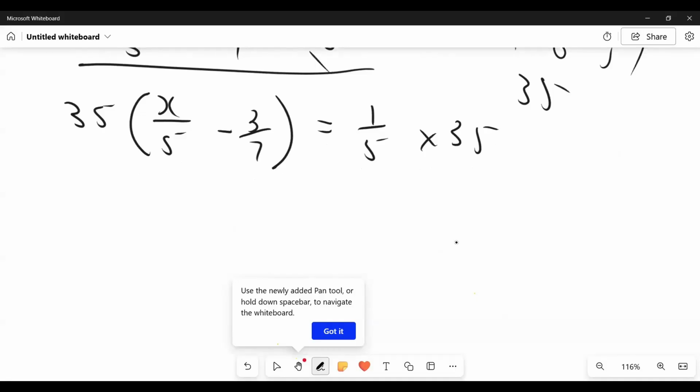We'll get what? 7x minus 15 equal to, what's that, 7? And then we know to solve something like this, right? I wouldn't go through the steps.